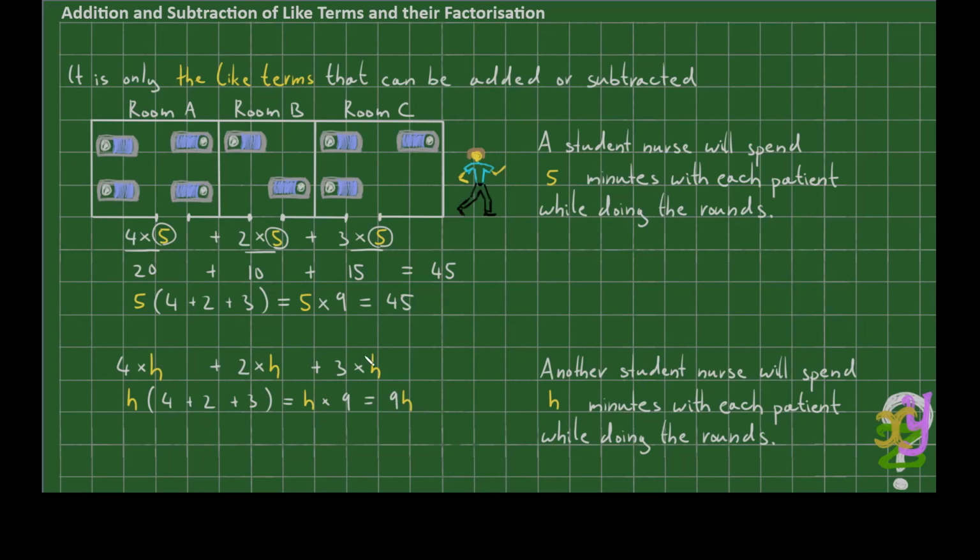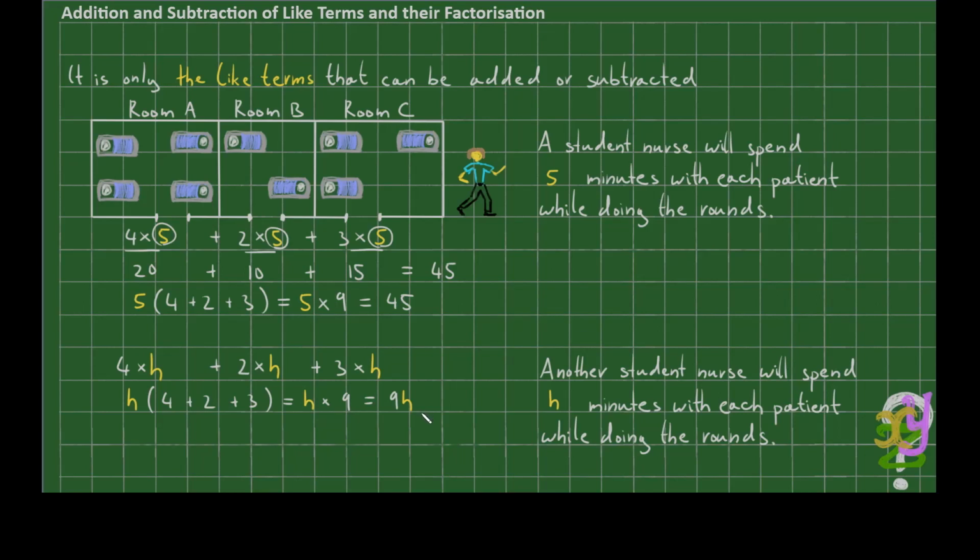In other words, I have added all of the h terms together. 4h plus 2h plus 3h gave me 9h. And even though I do not know what the value of h is, I can still add the h terms, because whatever it is, it will be the same for all of the terms.